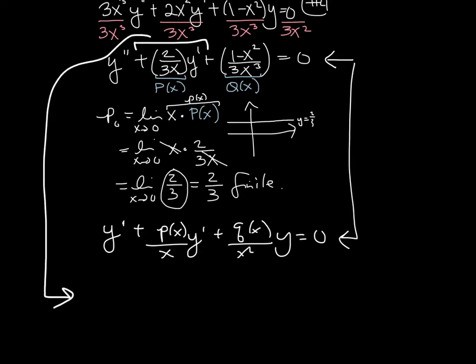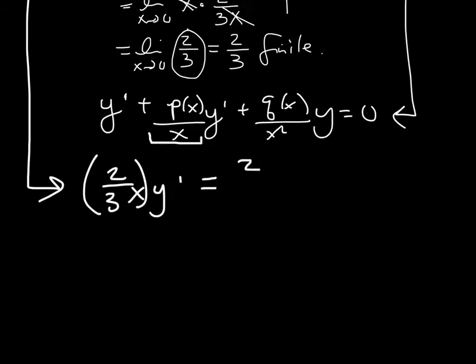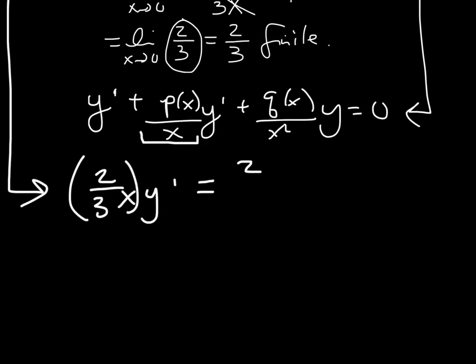We know we can write 2/3 x y prime, and I can make it look like this, where this is really just 2/3 divided by x, with y prime, of course.